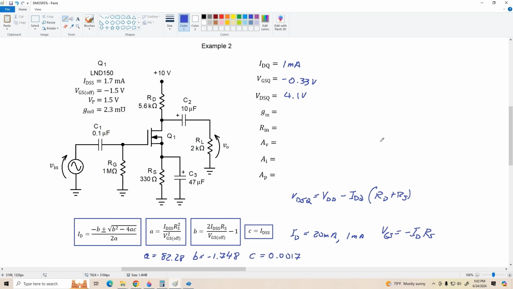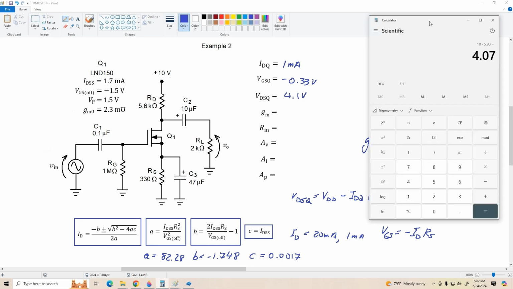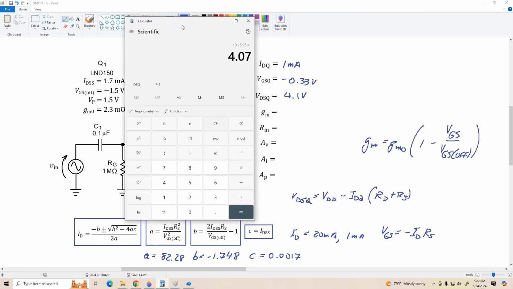Our transconductance, GM, is equal to GMO times (1 minus VGS over VGS off). Let's move this over here. So VGS is, I'm going to use positive numbers, 0.33 divided by VGS off, which is 1.5.